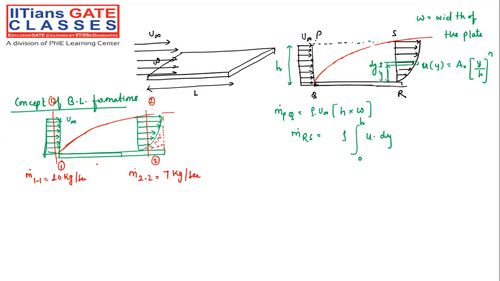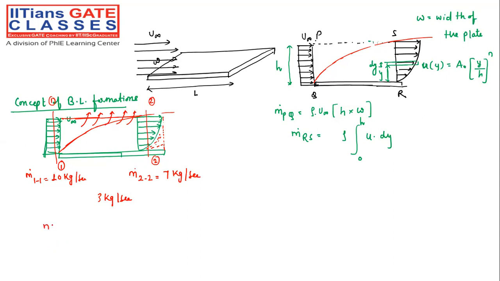Now, whatever the deficit in the mass flow rate, that has to be compensated by flowing through this particular segment like this. And that's why we have studied the displacement thickness, right? To compensate this 3 kilogram per second, because you know that in fluid mechanics, mass conservation has to be satisfied everywhere, irrespective of the nature of the problem. Remember like this, right?